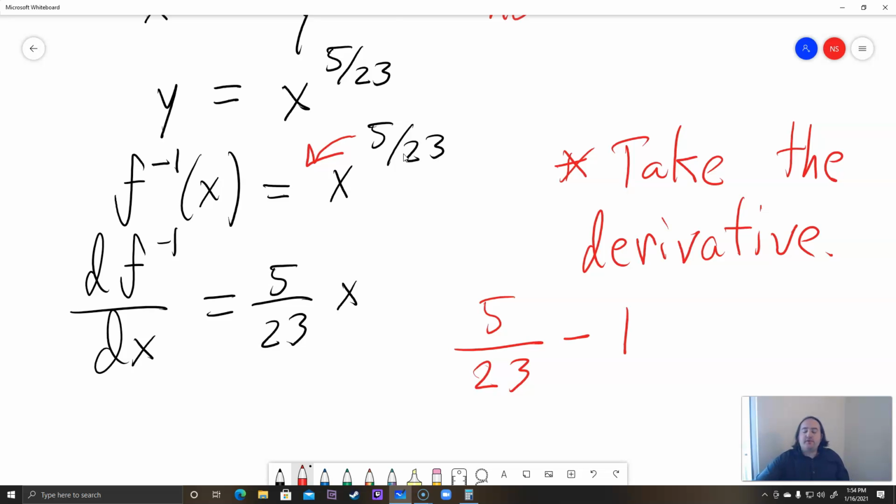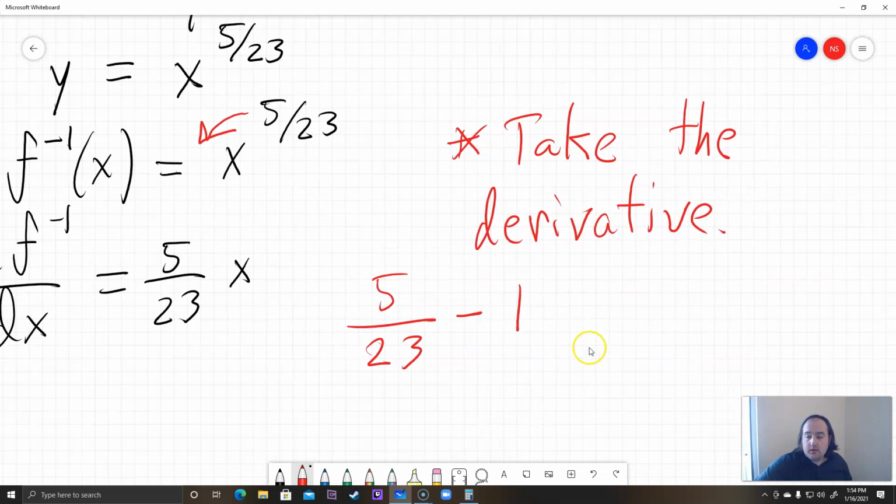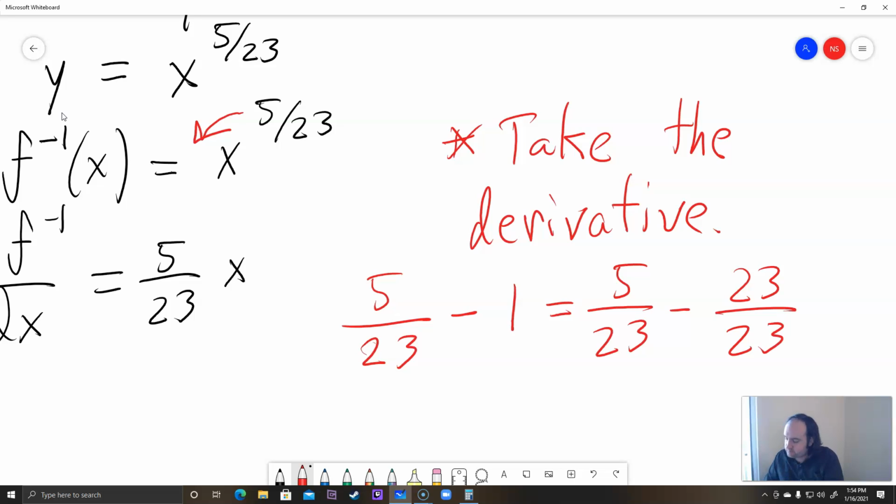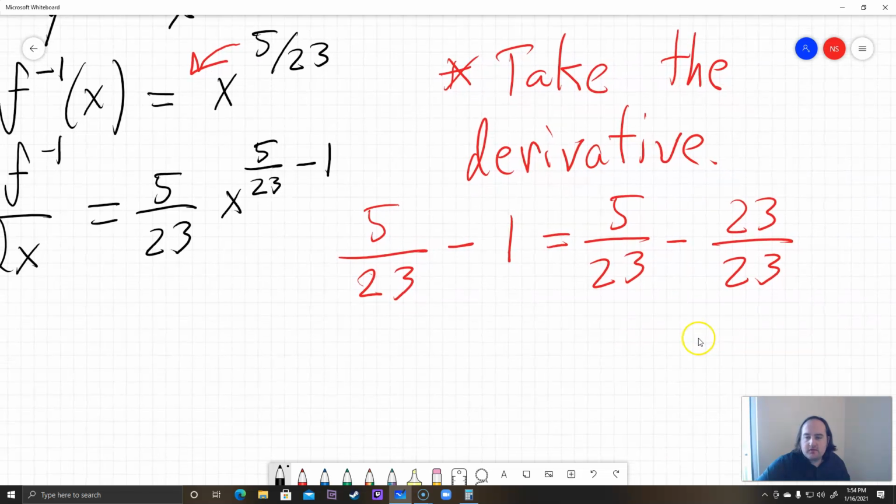Okay, and then building these to the same denominator, remember that 1 is the same as 23 over 23. So we have 5 over 23 minus 23 over 23. Okay, what we're doing here is we're trying to decrease the exponent by 1. So in other words, in this exponent right now we have 5 over 23 minus 1, and that's going to be the same as 5 over 23 minus 23 over 23.